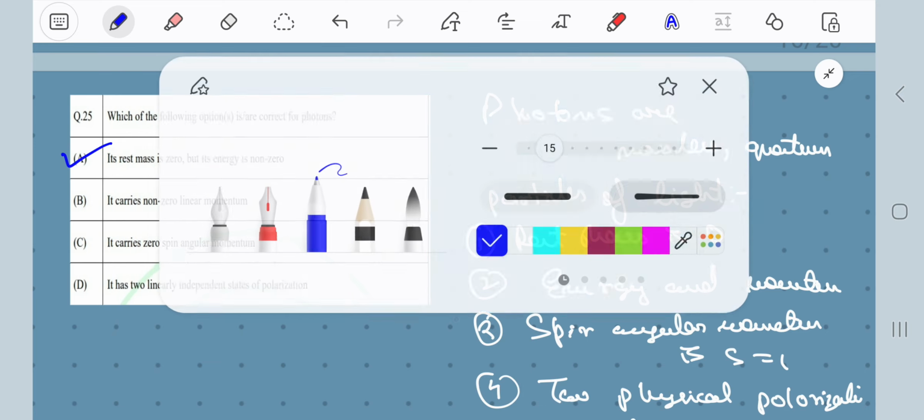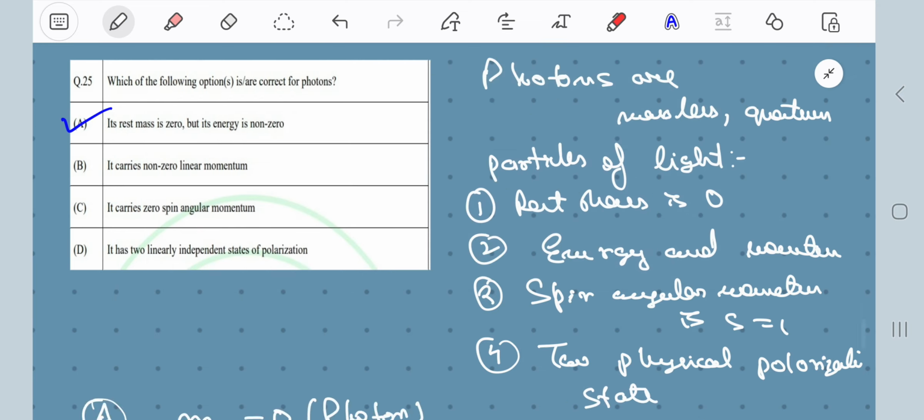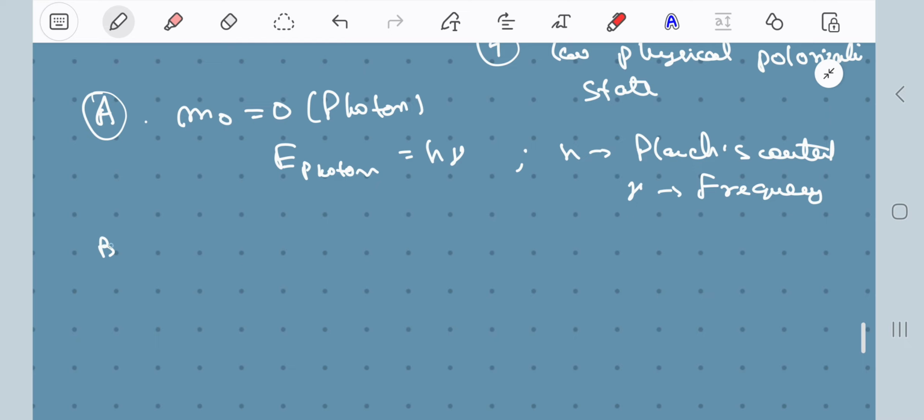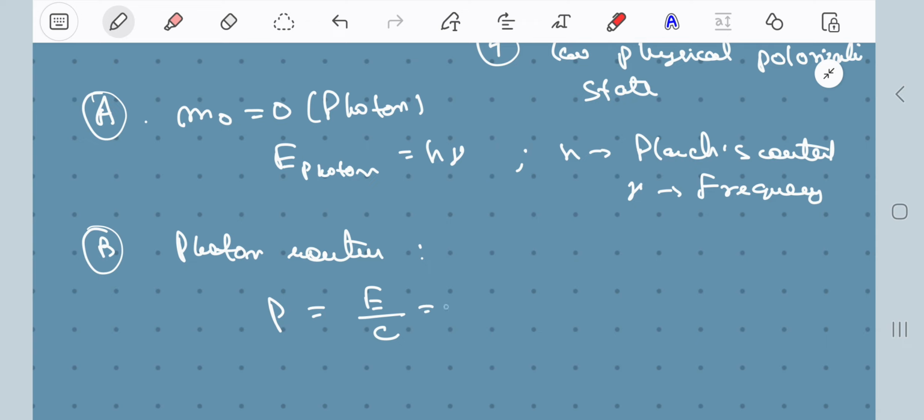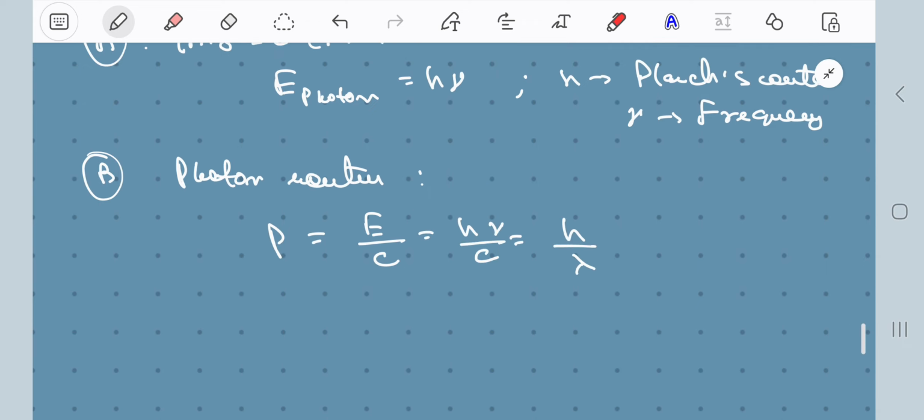Fine, now let us check option B. So option B is saying that it carries non-zero momentum. See, the photon momentum is p equals E by c, which is h nu by c, which is basically h by lambda, the wavelength. c is the speed, the velocity of light.